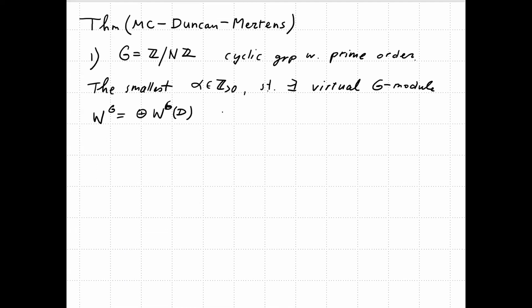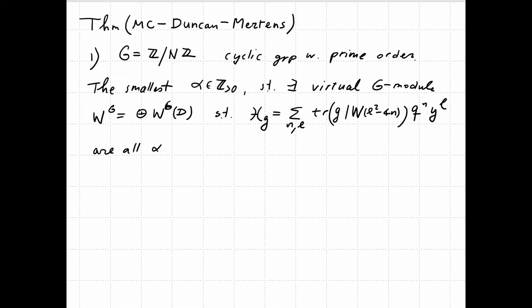such that all the trace functions, defined as basically the character of such a module graded by two variables, are all alpha optimal.